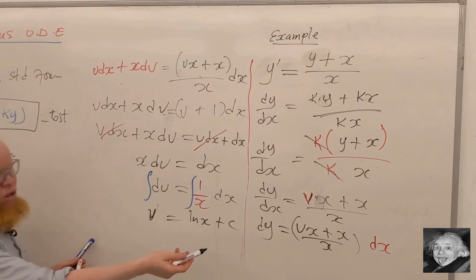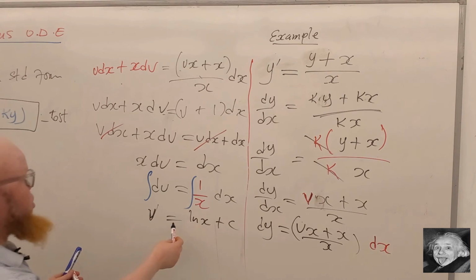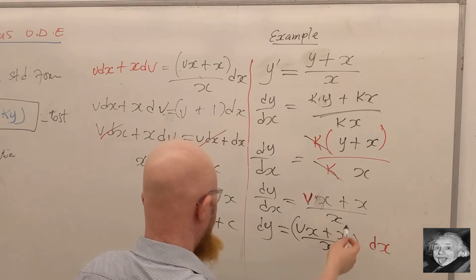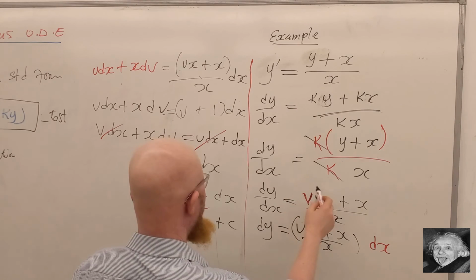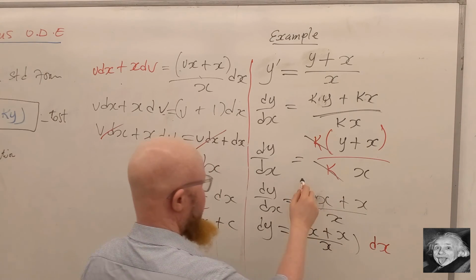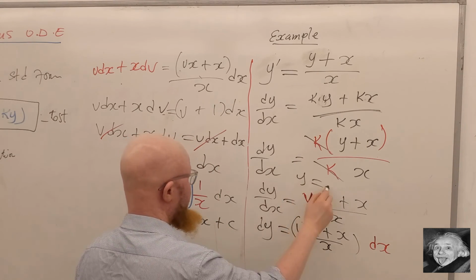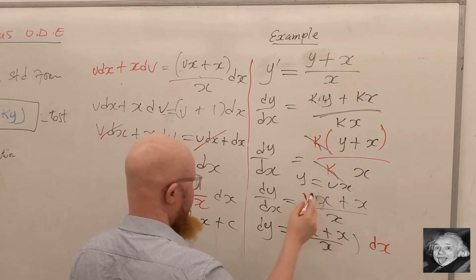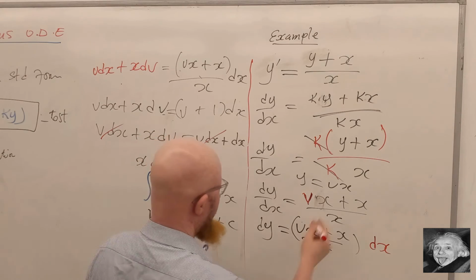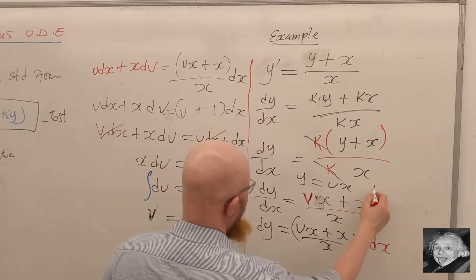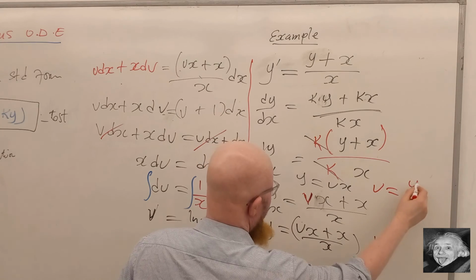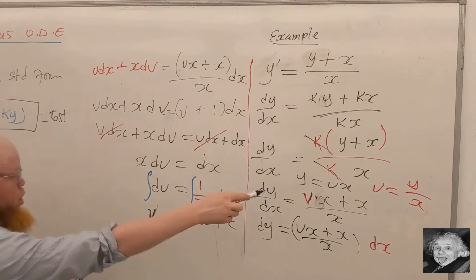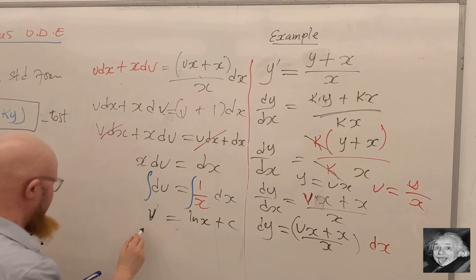So I have found the solution, but remember our y was equal to vx. To substitute back, v is equal to y over x. So I'll take that, put it back.